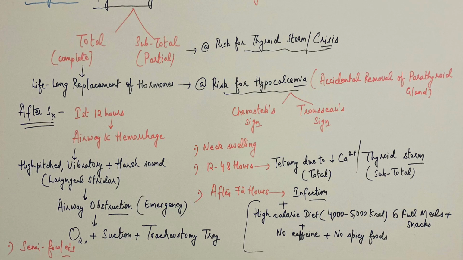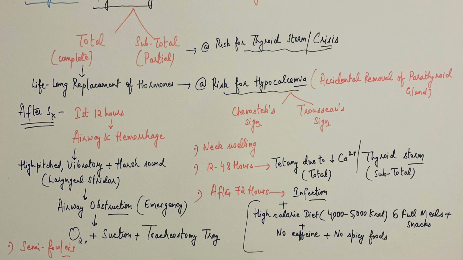That is the main indication of airway obstruction, and it is an emergency condition. In that condition we have to get oxygen ready because the airway is being obstructed, plus keep the suction ready, as we may need it.